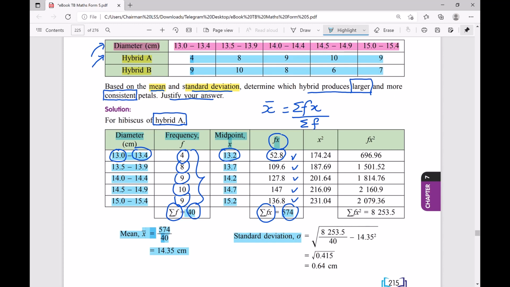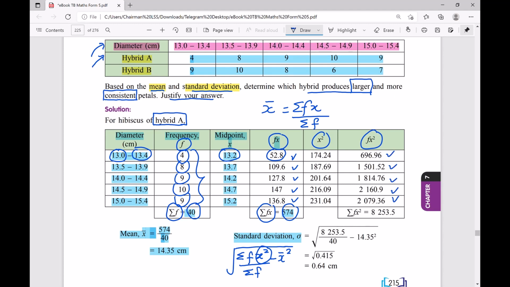Now you find your standard deviation. What's the formula of standard deviation? The square root of the sum of fx square divided by your sum of frequency, minus your mean squared. Because you have x square, you make another column for x square, and then you times it with your f, so you will get this figure.